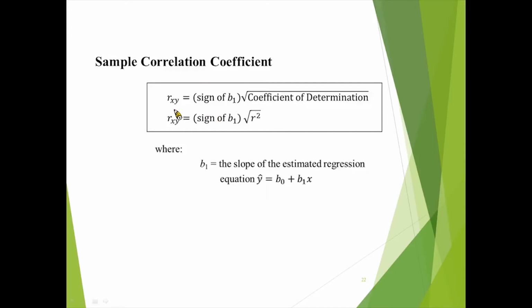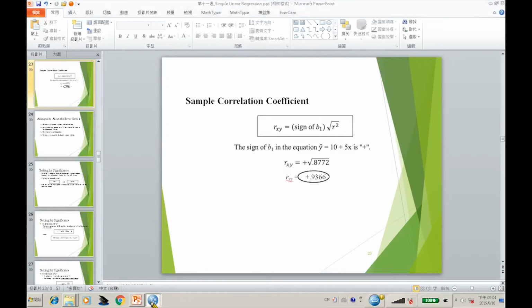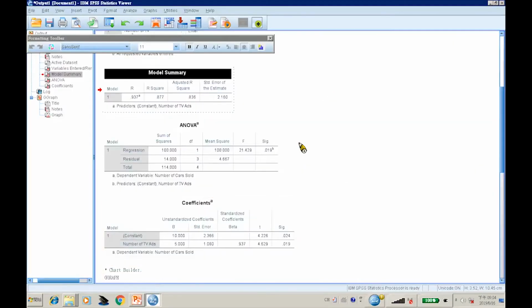So we can see they have the correlation, and this is the correlation coefficient. You can see in here we can check the relationship.